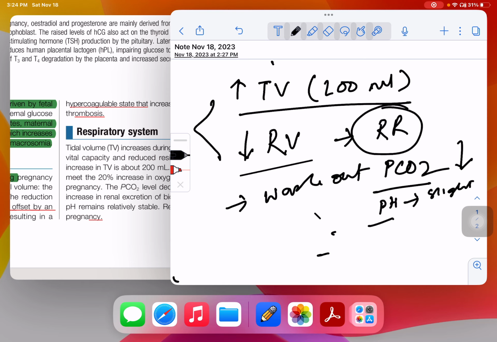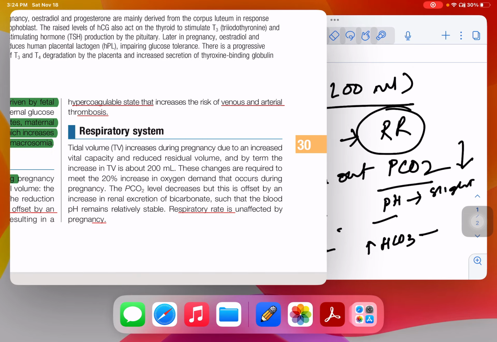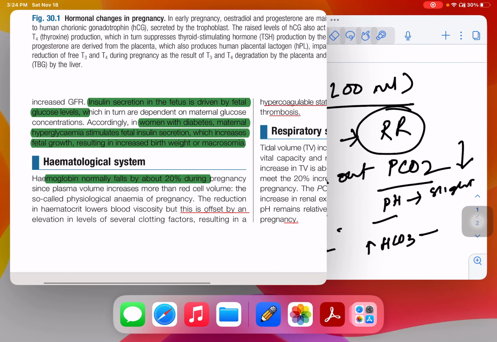Though there is some increased bicarbonate excretion by the kidney, which somewhat offsets the washout of carbon dioxide. So this is all about respiratory changes during pregnancy.